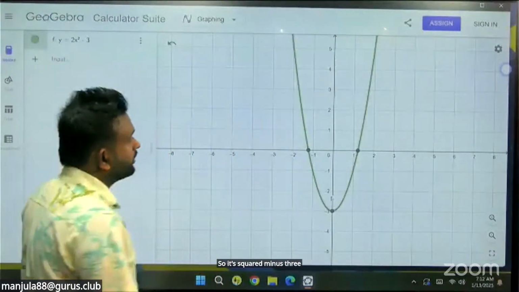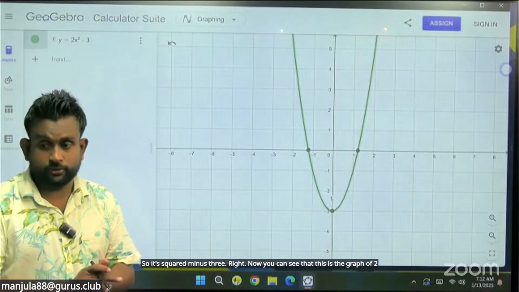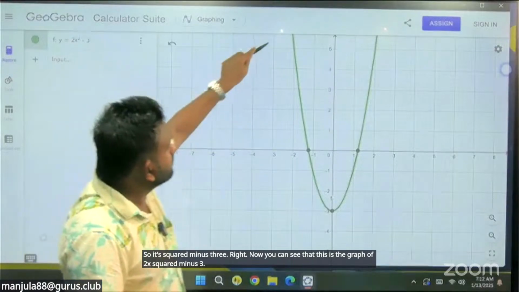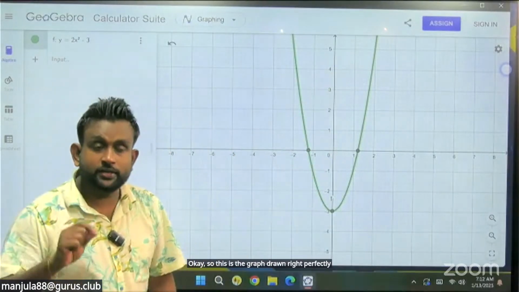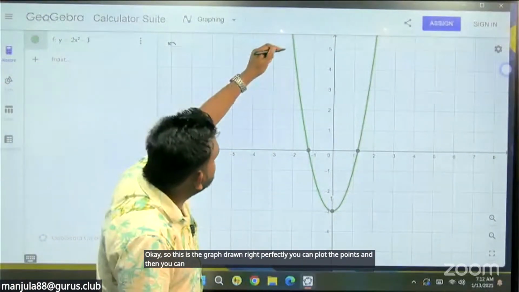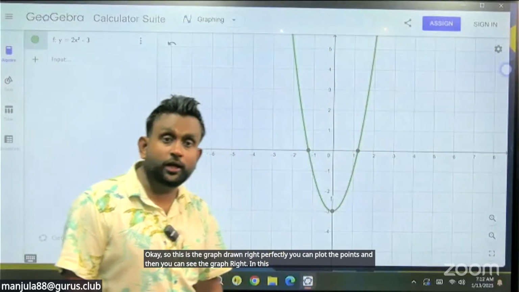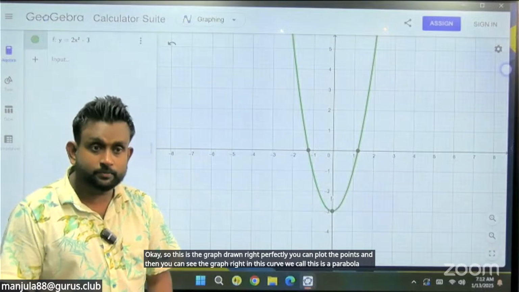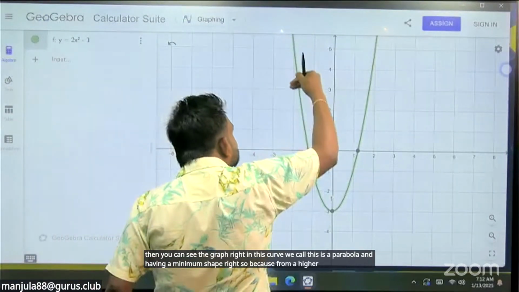Right. Now you can see that this is the graph of x squared minus 3. Okay, so this is the graph drawn. Right. Perfectly, you can plot the points and then you can see the graph, right? This curve we call a parabola, and it has a minimum shape, because from a higher value it decreases, right?